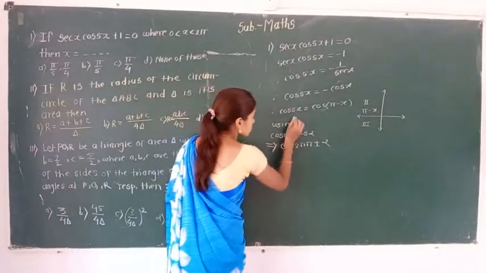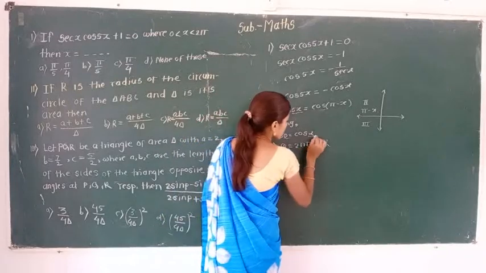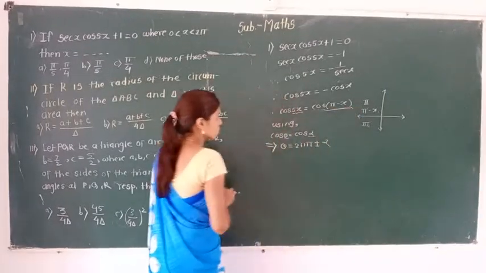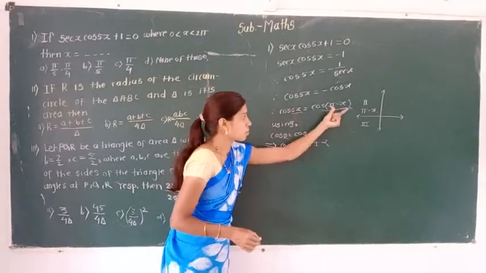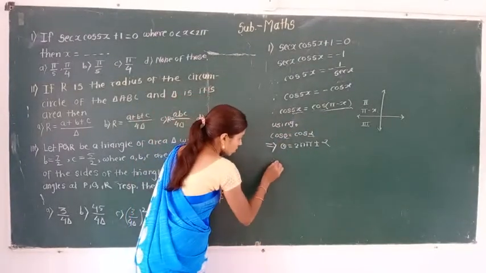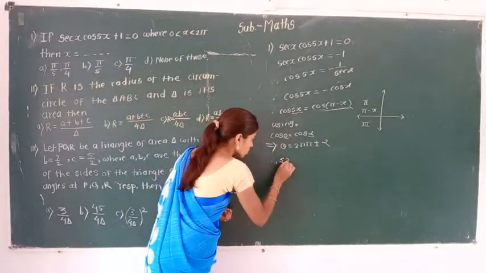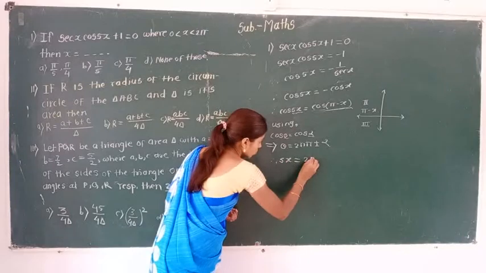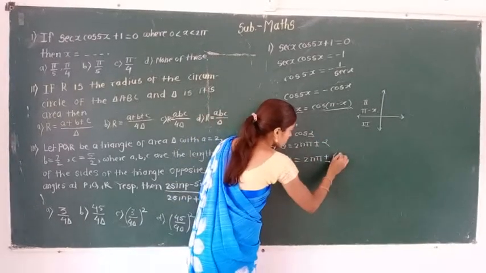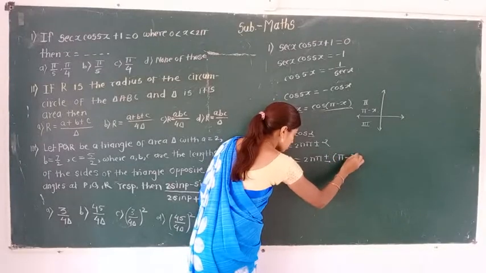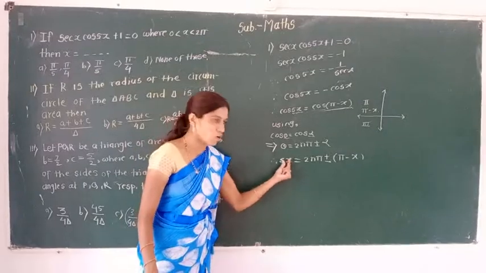Here theta is 5x and alpha is pi minus x. So these two values are replaced by 5x and pi minus x. So we can write the solution of this equation: theta, here 5x, is equal to 2n pi, take as it is, plus minus alpha, here pi minus x.